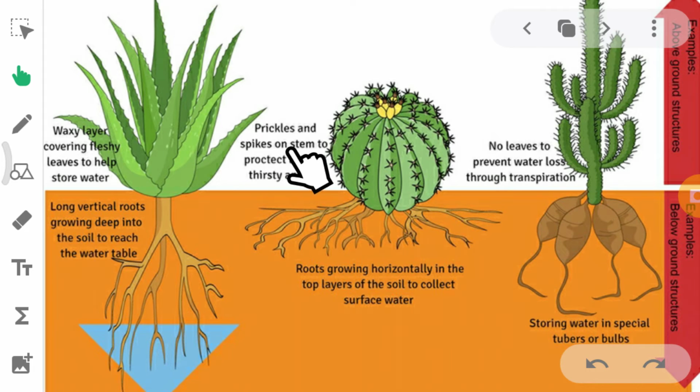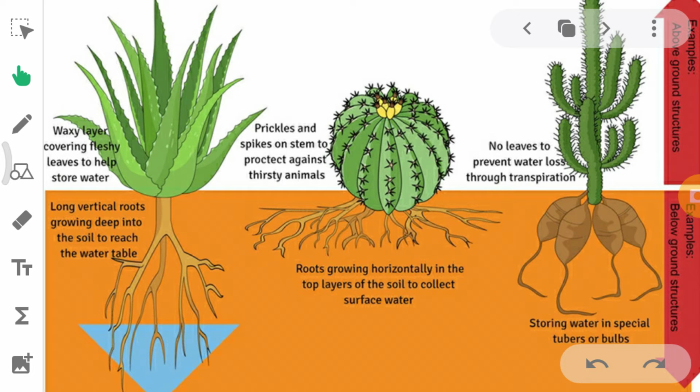Prickles and spikes on the stem protect against thirsty animals. In deserts, we know that water is too scarce. And also in order to reduce the amount of transpiration, these leaves have modified into prickles and spines. Then, if any animal comes and eats away these plants in order to quench its thirst, how would the plants live?